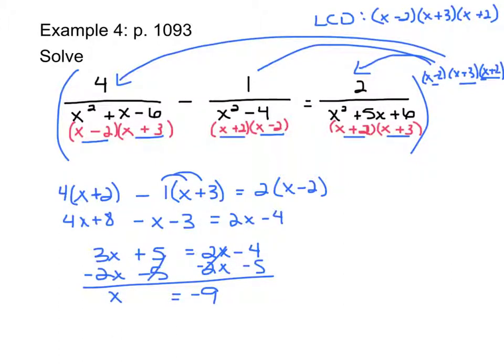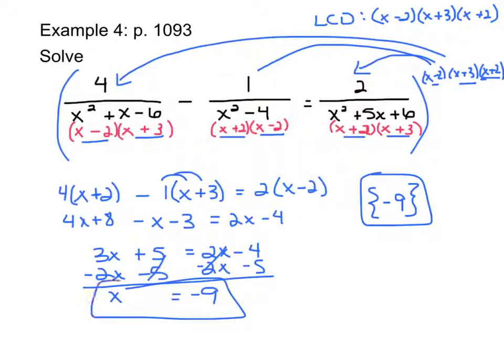And I need to plug that in and check it. So since they're already in factored form, it would be easy to plug that in. So negative 9 minus 2 is okay. Negative 9 plus 3 is okay. Negative 9 plus 2 is okay. So I'm just plugging in to make sure nothing is going to be equal to 0. So since that's not going to make any of them 0, then my solution set is just negative 9, or x equals negative 9.